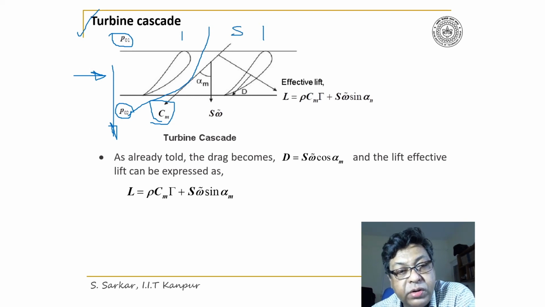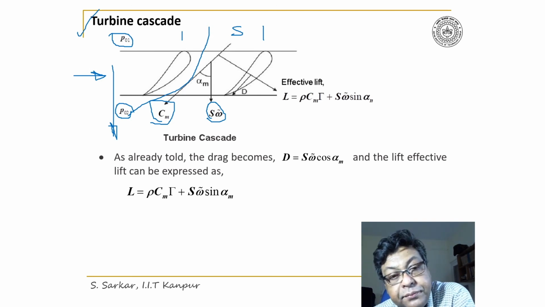So as before, there will be an axial force per unit width of the blade, that is S into omega tilde. It will work vertically down as shown in the picture. Now S into omega tilde will have two components.